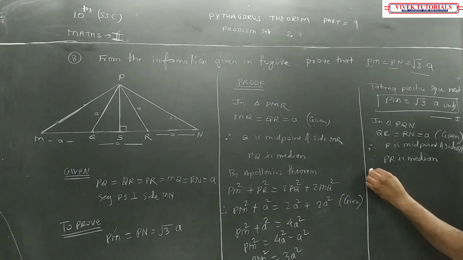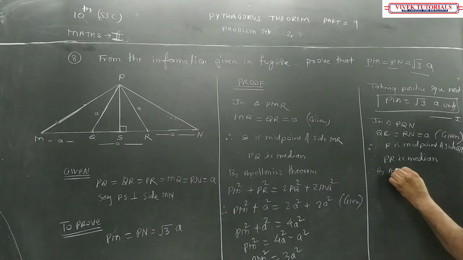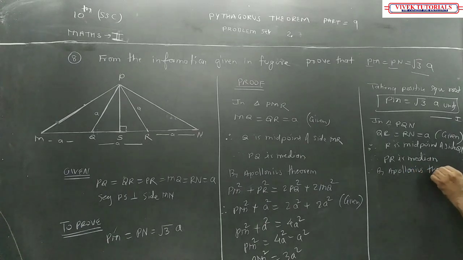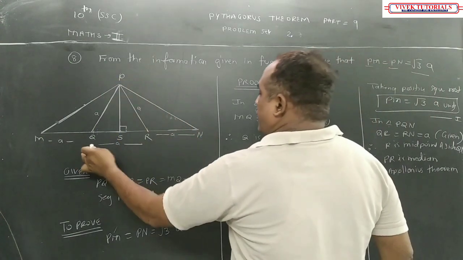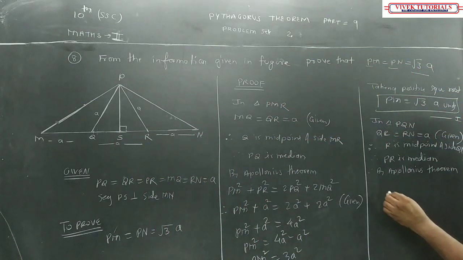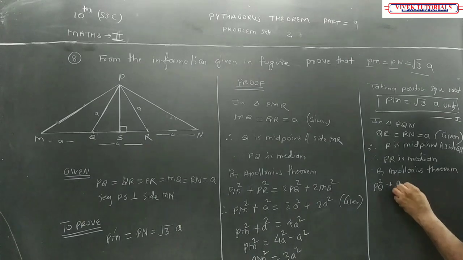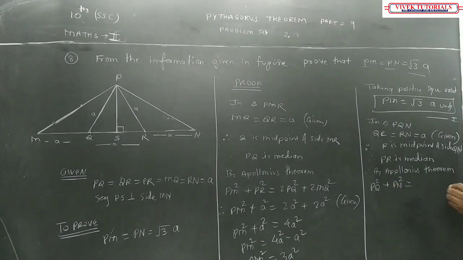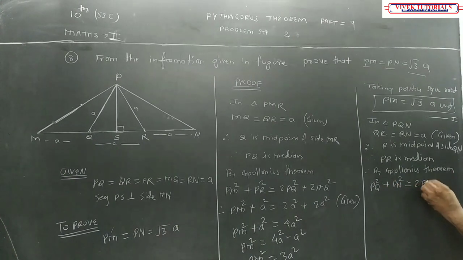Therefore, by Apollonius theorem, what will happen now? Now we are going to talk about this triangle PQN. So PQ square plus PN square is equal to 2PR square plus 2QR square.